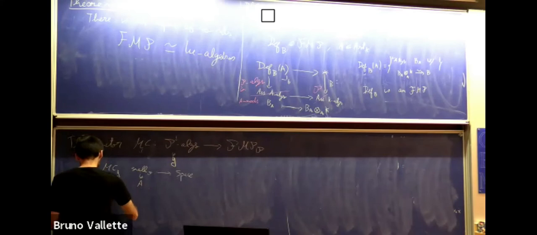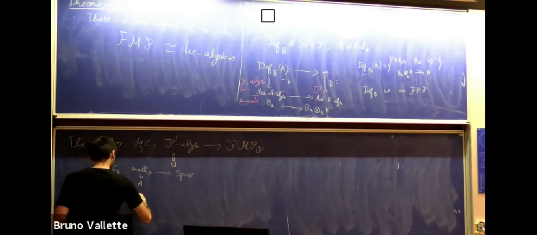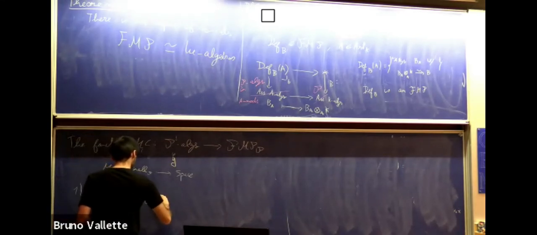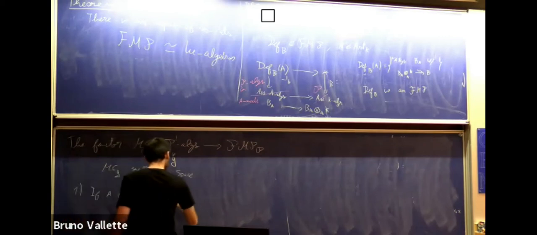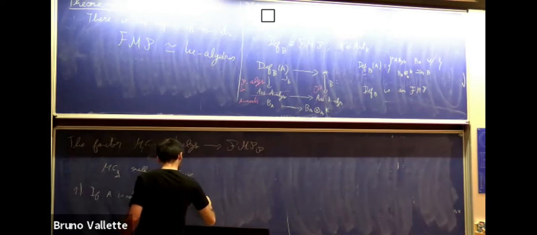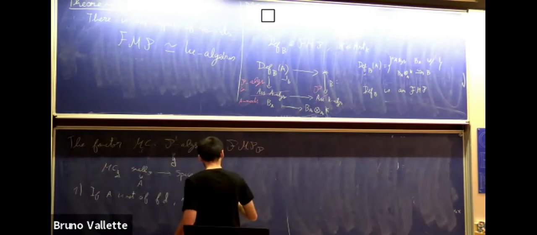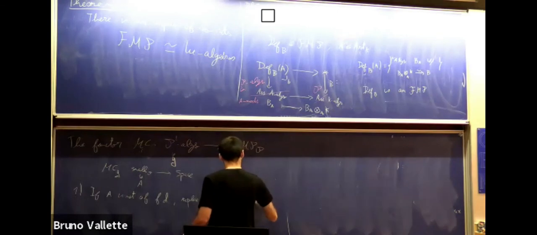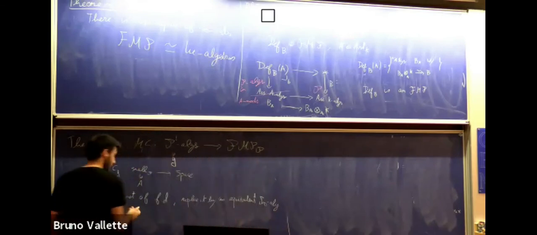So if A is not of finite dimension, replace it by an equivalent P infinity algebra that is of finite dimension.